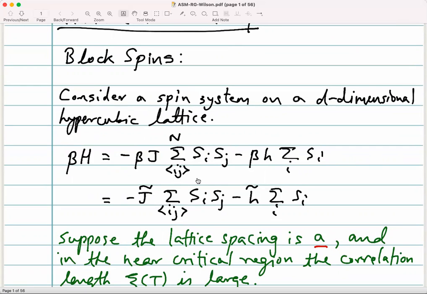If your final model, let's call it H hat, which is done by doing a series of renormalization group transformations, contains all kinds of terms, summation S_i S_j, S_i S_j S_k, S_i S_j S_k S_l, and so on, they will have coefficients like J1, J2, J3, J4, and all kinds of stuff.